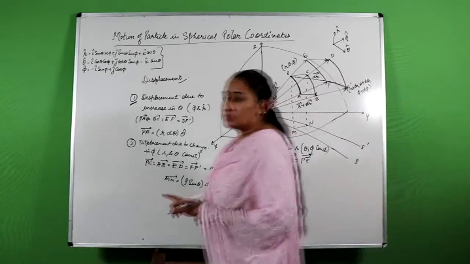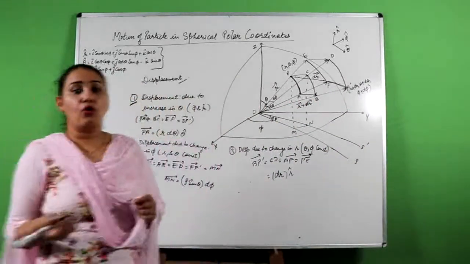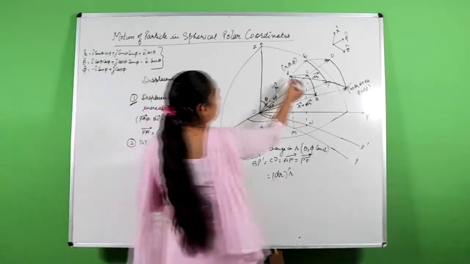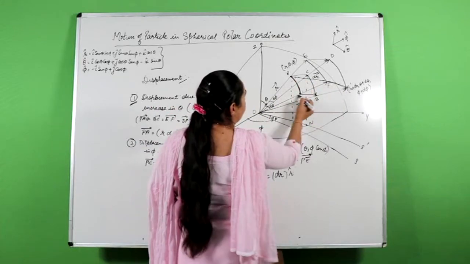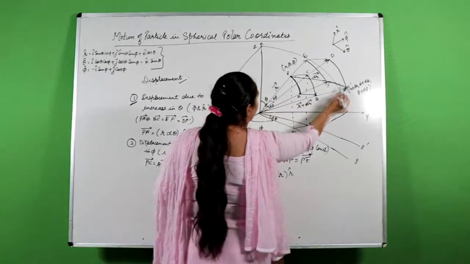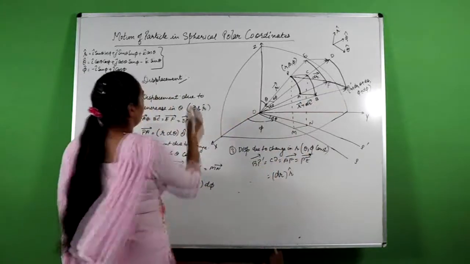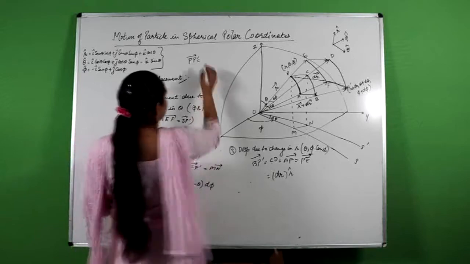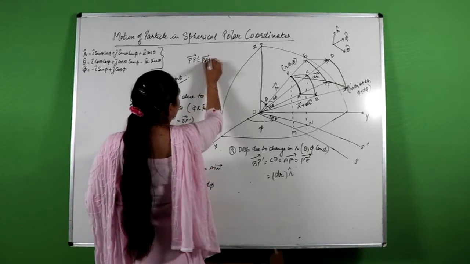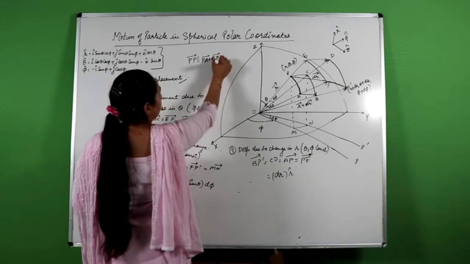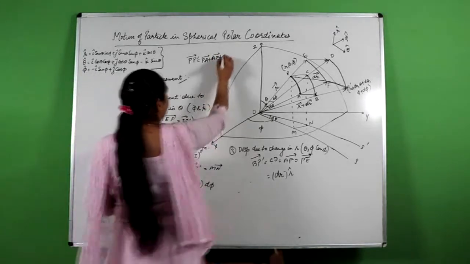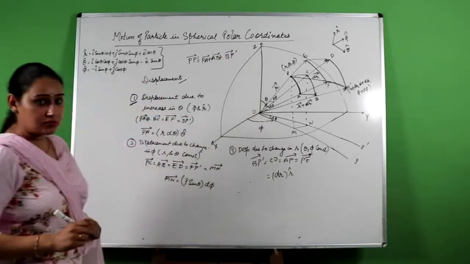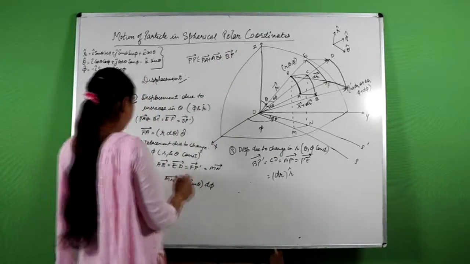Now I know that the total displacement is a sum of all these three displacements, but also I know that from this PAAB quadrilateral, BP dash and PP dash, I know that from vector laws, PP dash is equal to PA plus AB plus BP dash. Now I have all the values. I can put, what is my PA?